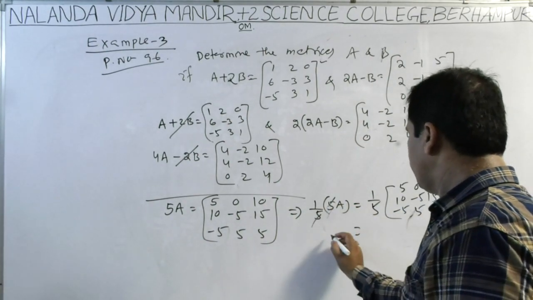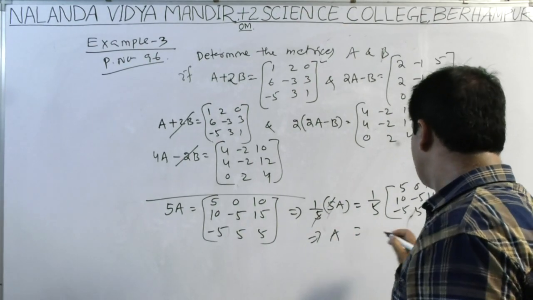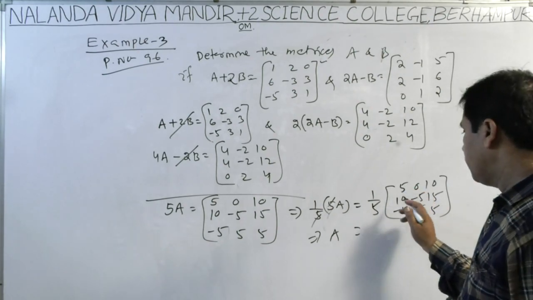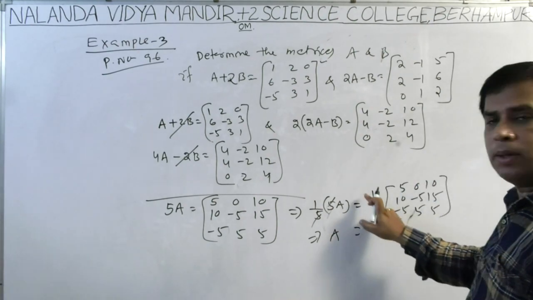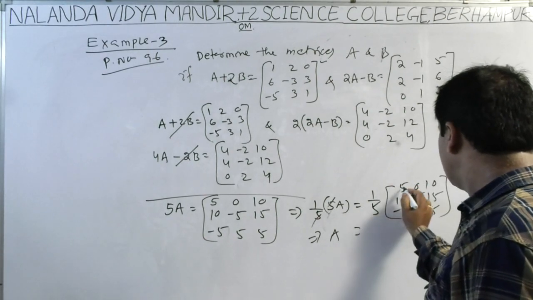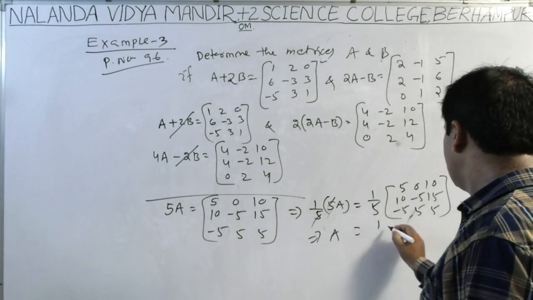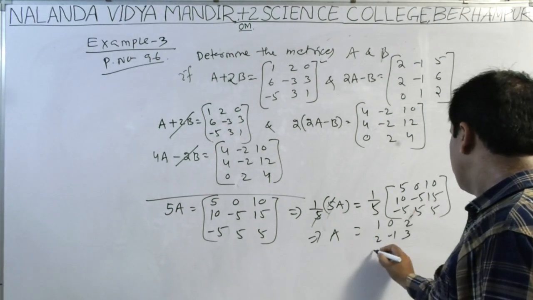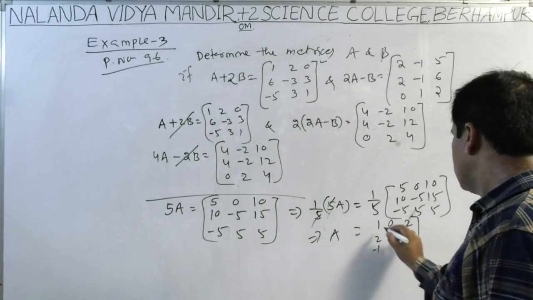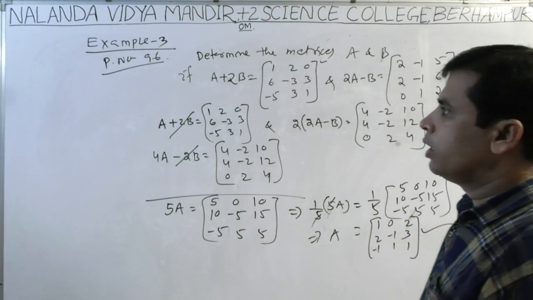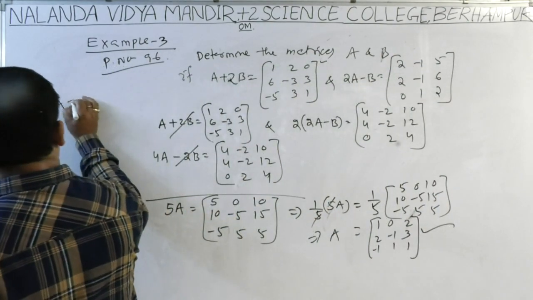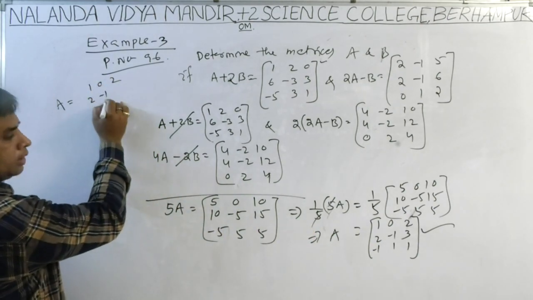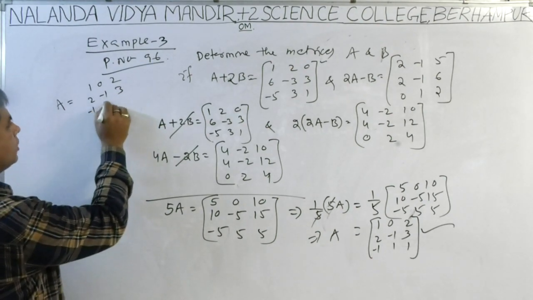We can multiply every element of this matrix with 1 by 5. Therefore, we get 5 into 1 by 5 is 1, 0, 2, 2, minus 1, 3, minus 1, 1, 1. This is our matrix. Okay? Therefore, matrix A is equal to [1, 0, 2; 2, -1, 3; -1, 1, 1].